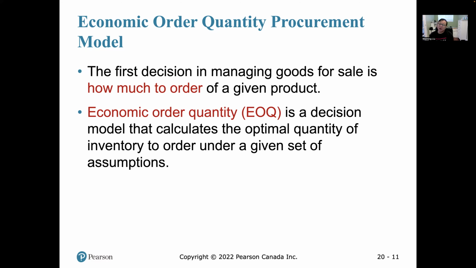When I order more, maybe that will save my ordering cost, because I don't have to always order small batches. If I order big batches, it costs me less in terms of ordering, but the carrying cost is higher. You order this much inventory, where are you going to put it? If you have to rent another warehouse, that's additional rent cost.